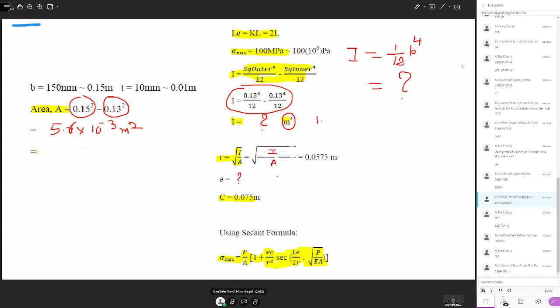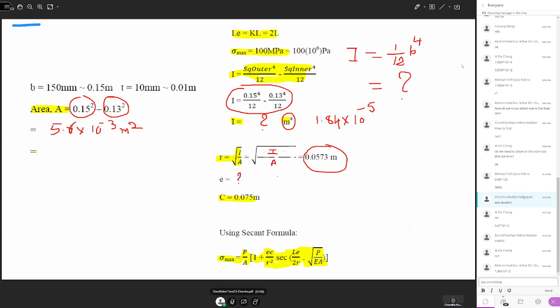I think your calculation is correct. So 1.84 into 10 power minus 5. Then you can calculate the radius of gyration, square root of I over A. I think you will get 0.0573. So we can calculate the radius of gyration.